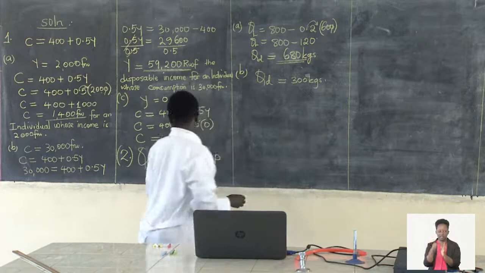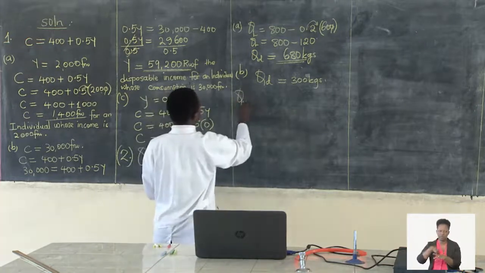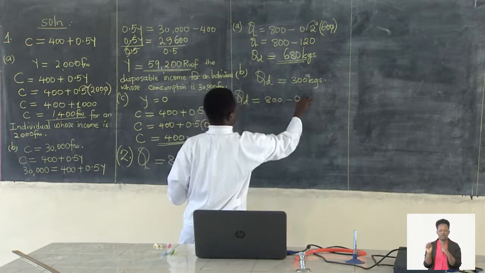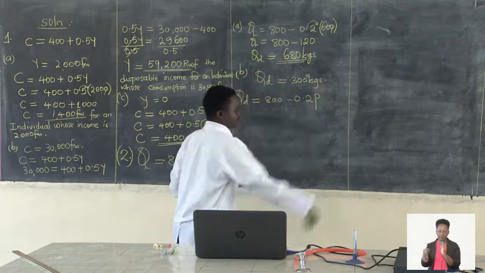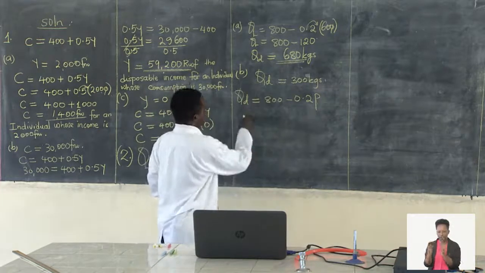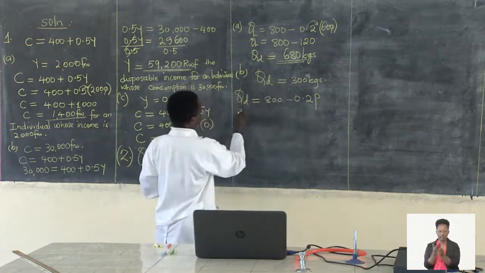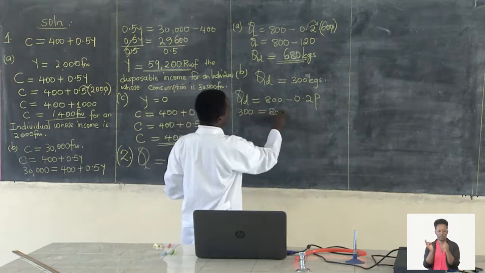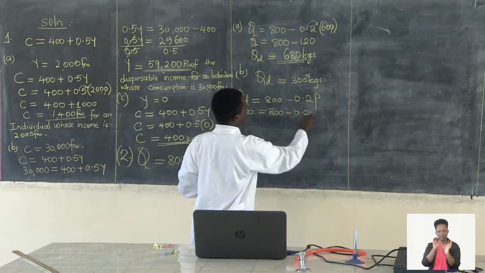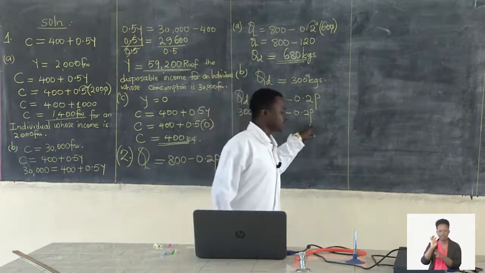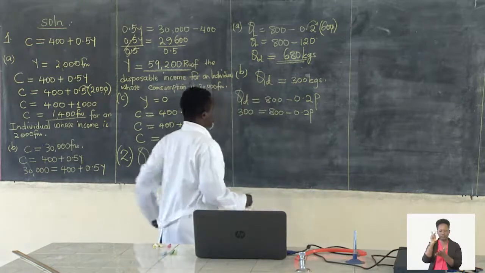You restate the equation that we have here, quantity demanded equals 800 minus 0.2P, where P is the price of the commodity and Q is the quantity demanded. So we have 300 equals 800 minus 0.2P, and we need to solve for this price P.